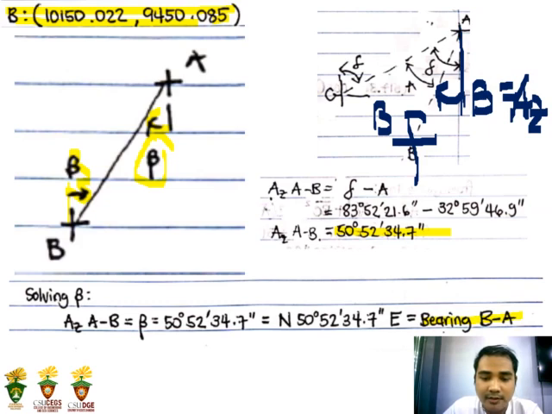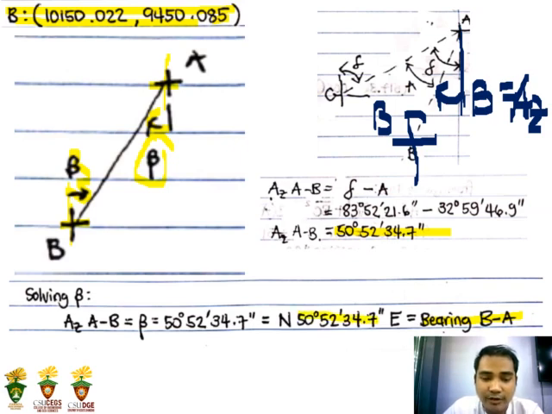From station B, since we are basing on station B, we get the coordinates of station A. So from station B going to station A, we have a bearing of 50 degrees, 52 minutes, 34.7 seconds.